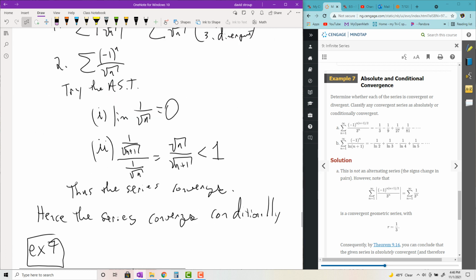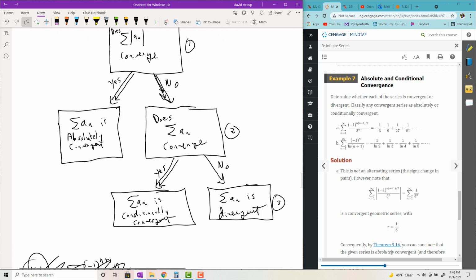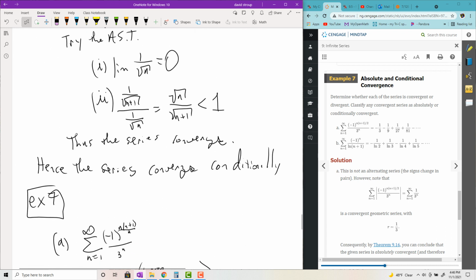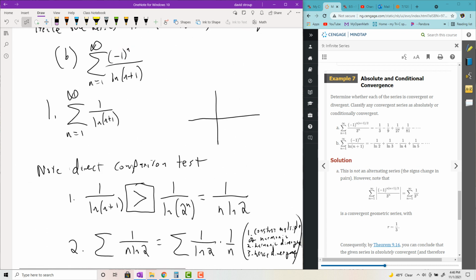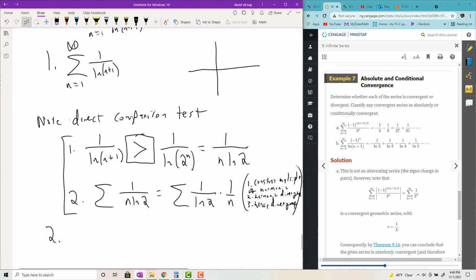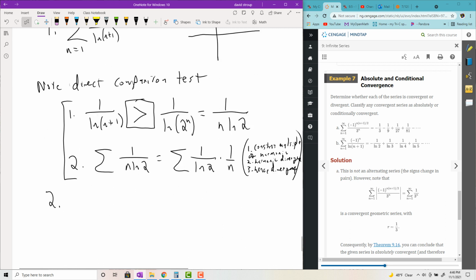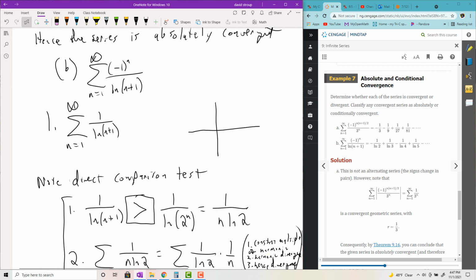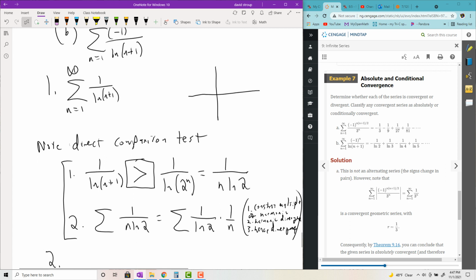So in the flow chart, we have to go to the right and analyze the original series, which kind of looks like an alternating series. So here in step 1, I just want to bracket that off because I use the same numbers for the comparison test.